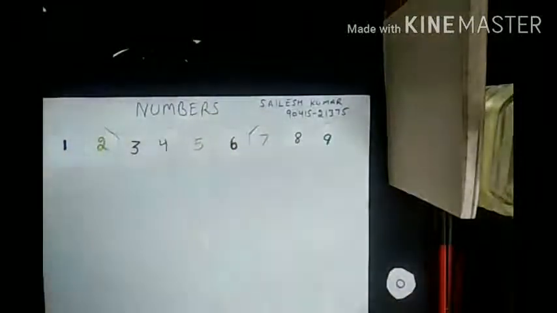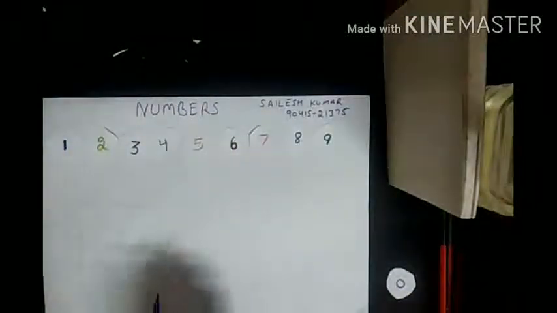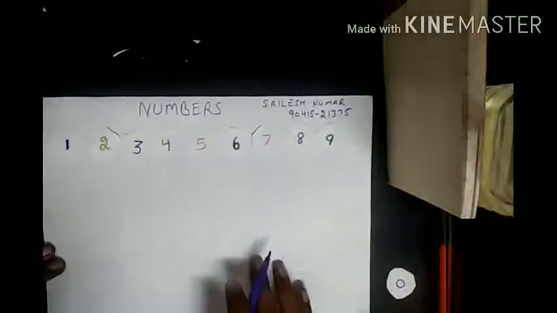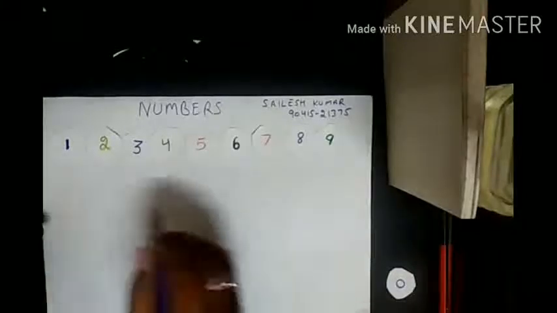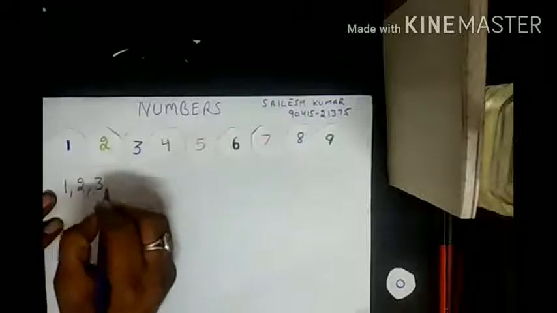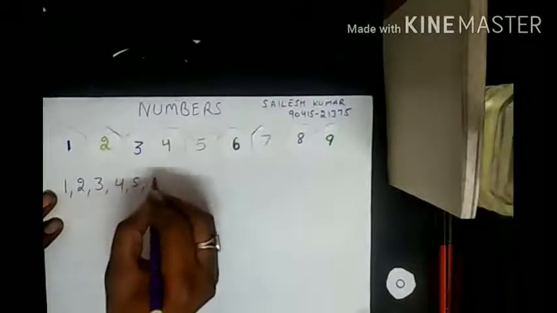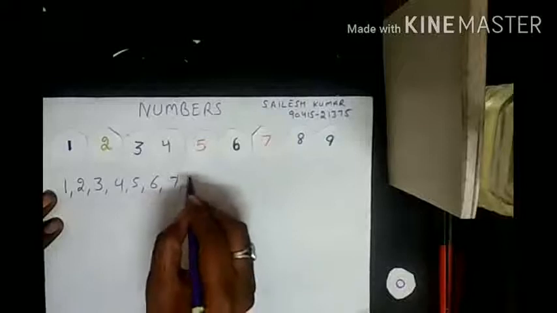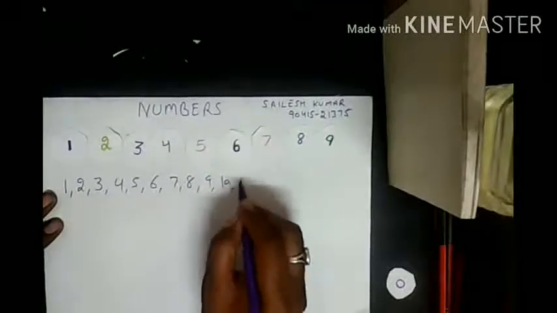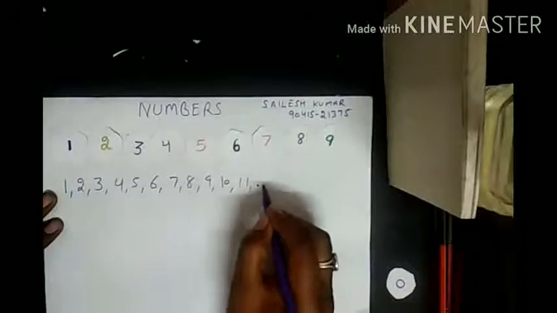Now as per the Hindu-Arabic system, you know that these are all the symbols which we use in making the numbers. Now if I write these symbols in this way, 1, 2, 3, 4, 5, 6, 7, 8, 9, 10, 11 and so on.